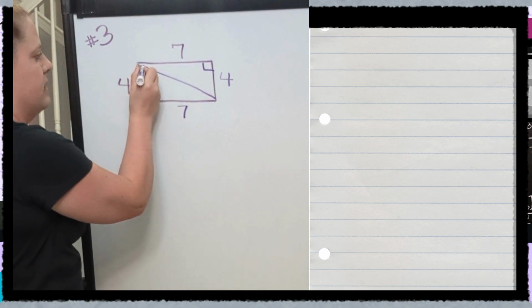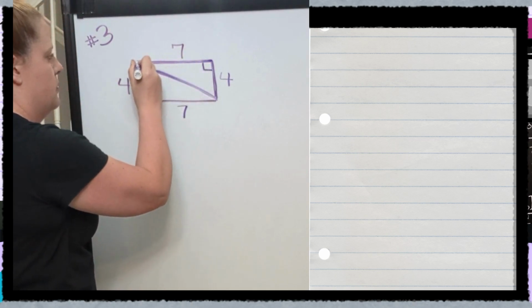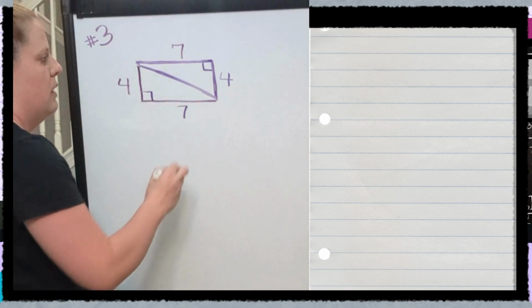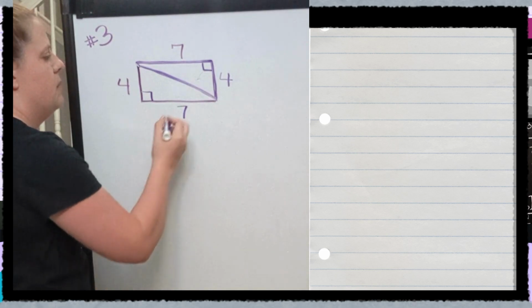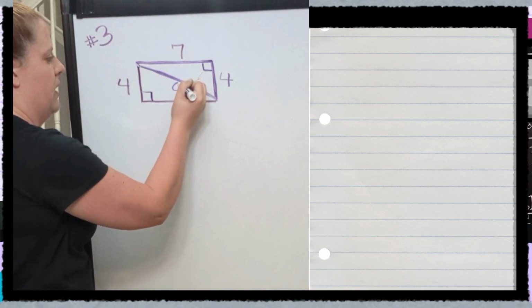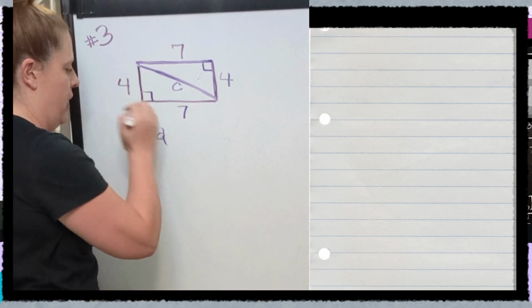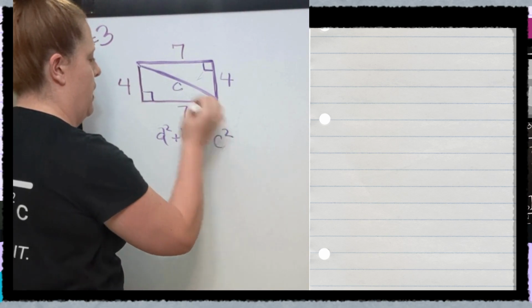I'm going to look at one of those triangles and figure out what the diagonal length would be. Okay, the diagonal is across from our right angle, meaning it is the hypotenuse, a C value. And we're going to use A squared plus B squared equals C squared.